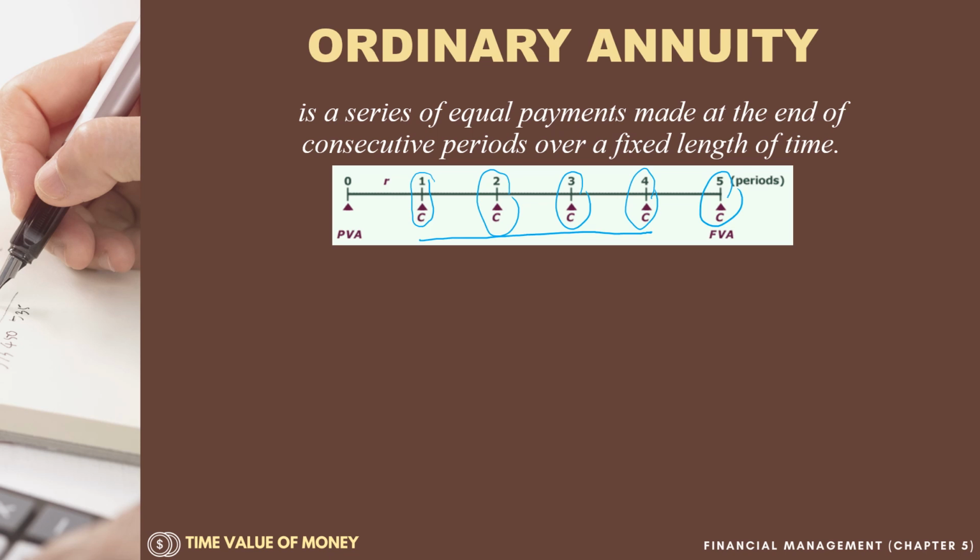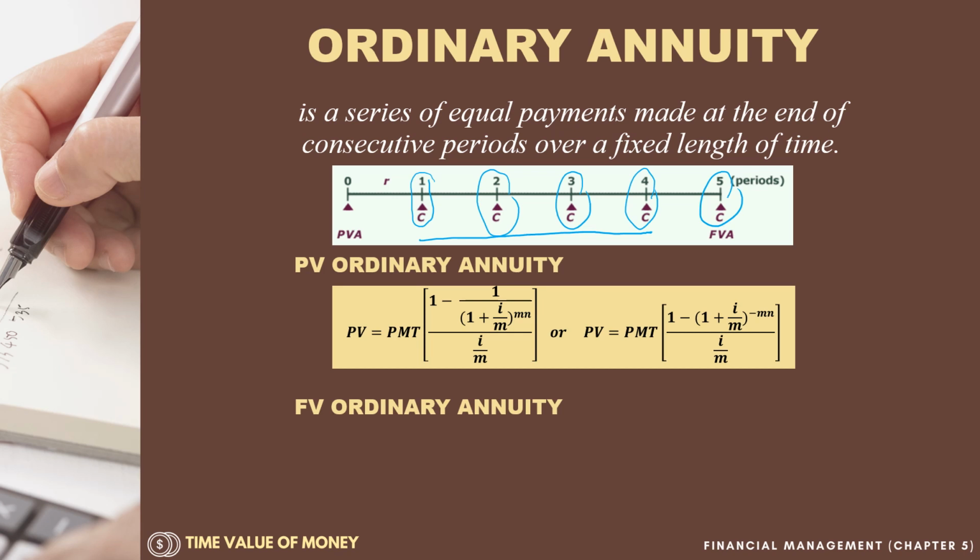Now, here in the ordinary annuity, we also have two options of computing. We have the PV ordinary annuity, or the present value ordinary annuity, and the future value ordinary annuity. Now, for the formula of the present value ordinary annuity, we have PV is equal to the payment, or PMT, multiplied by 1 minus 1 all over 1 plus I over M to the power of M times N, all over I over M, okay?